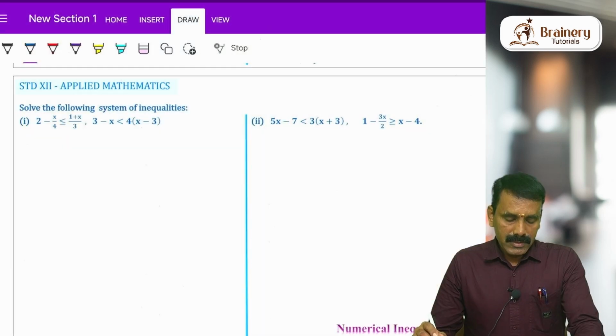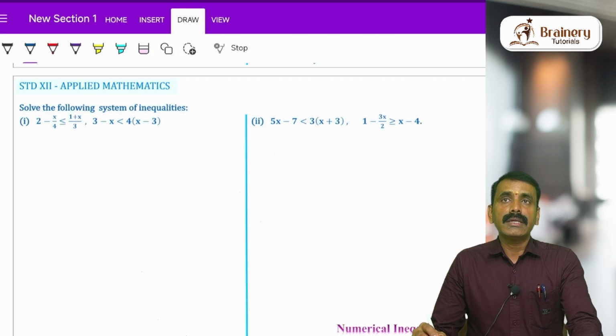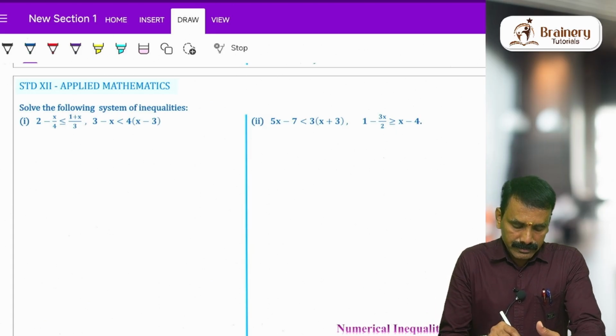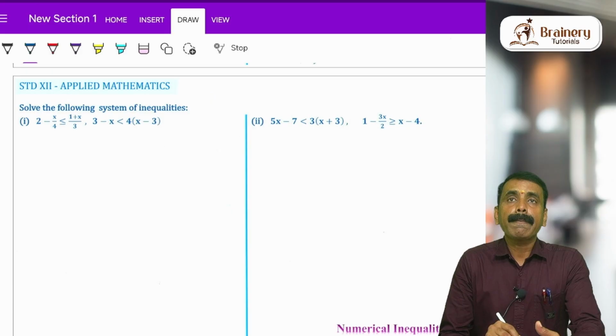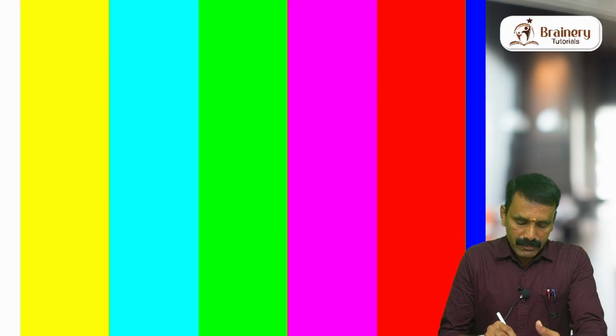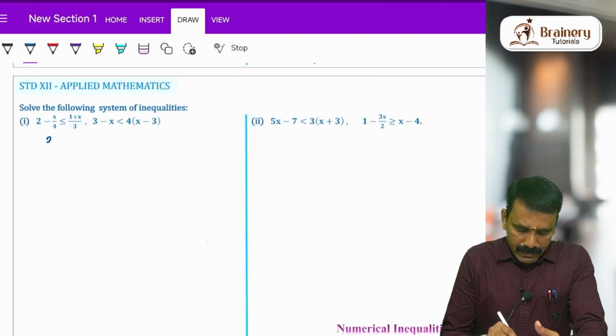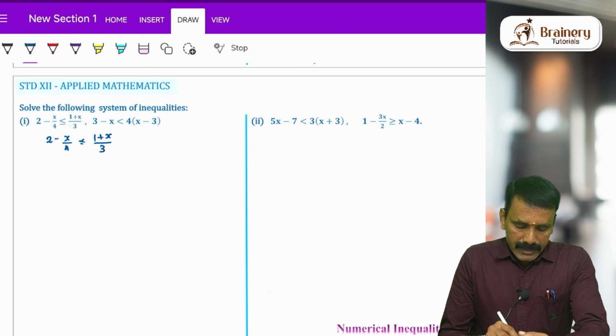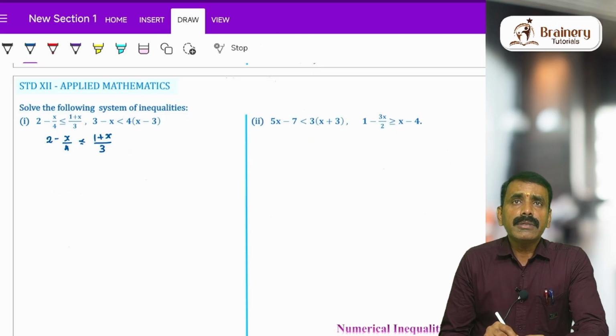So here we are having another system of linear inequalities. We are having the first inequality, (2 minus x)/4 less than or equal to (1 plus x)/3. The left hand side is not in the standard form, so we try to simplify.